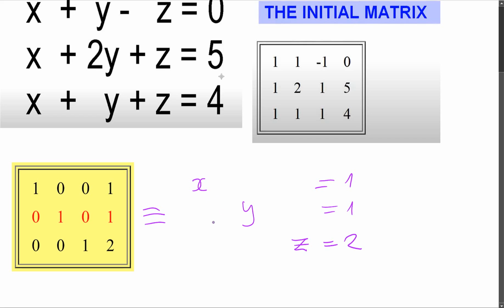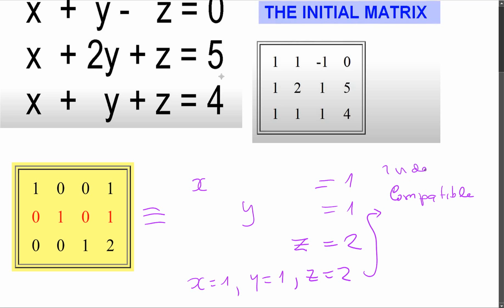And then you got the solution of the system. That is x equals 1, y equals 1, and z equals 2. And just one solution. It is a compatible, independent system. Just one solution.